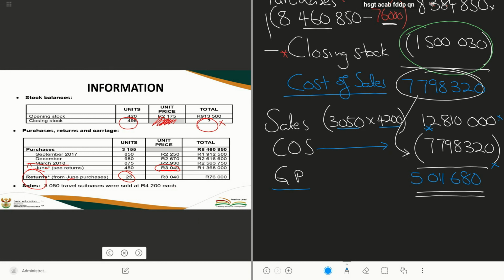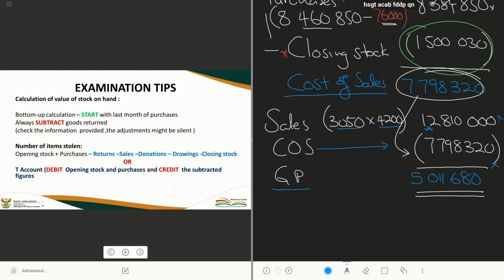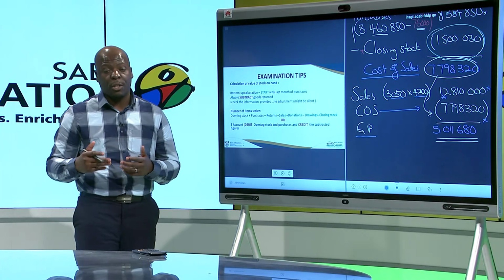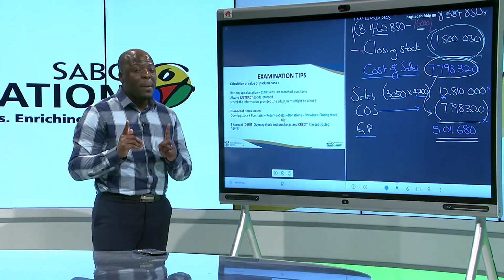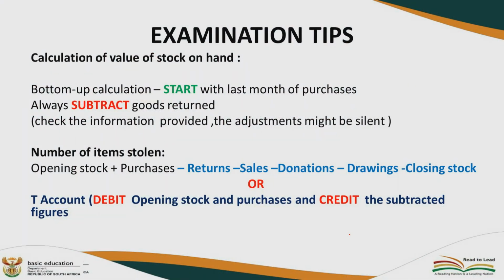Boys and girls, as I conclude and round up this lesson, it is very important that you practice these questions over and over again. You cannot just understand this if you do not practice. And please remember, you need to apply your bottom-up method.